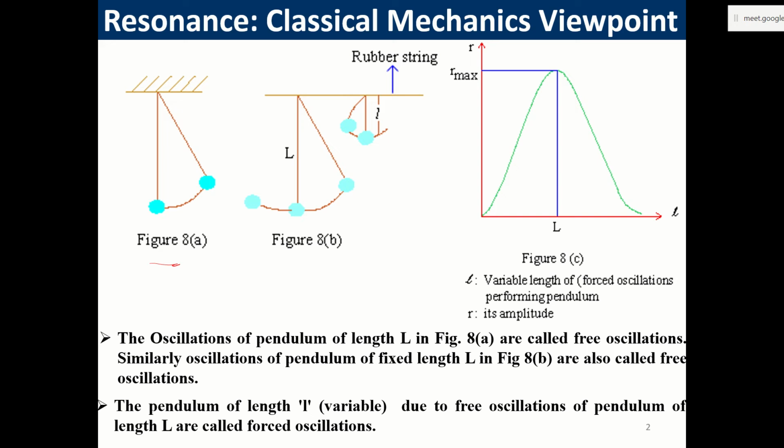Besides that, you can put a small pendulum with a smaller length L, like this, connected to the same thread, the same rubber string to which the first thread was hanging. You attach another one a little away on the same string.